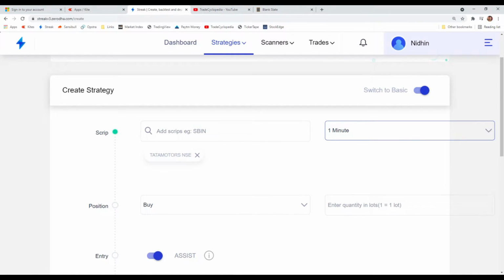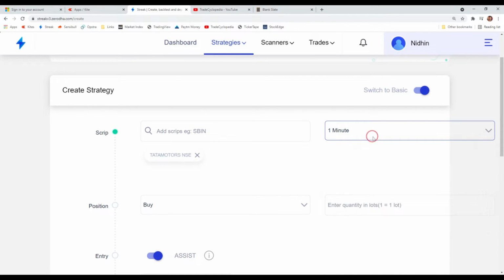The script which I have added here will be the one on which we are going to take an entry. And the master candle time frame which we have selected here, that duration, Streak will be analyzing that duration on the chart. For example, it will be the candlestick duration.